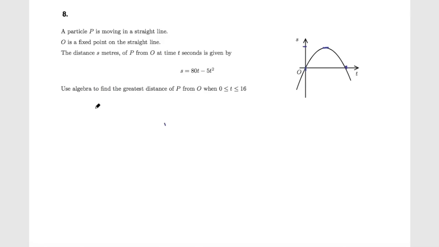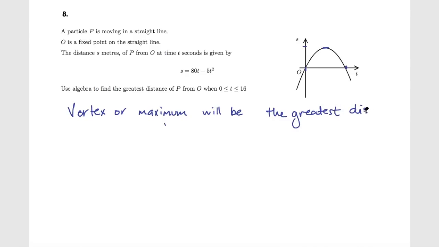So we can start off by saying that the vertex or maximum will be the greatest distance. Okay, so we're looking for that point of the vertex or the maximum of that graph.